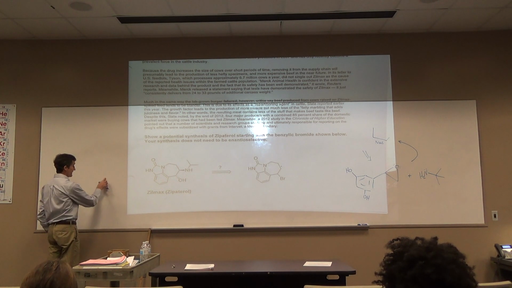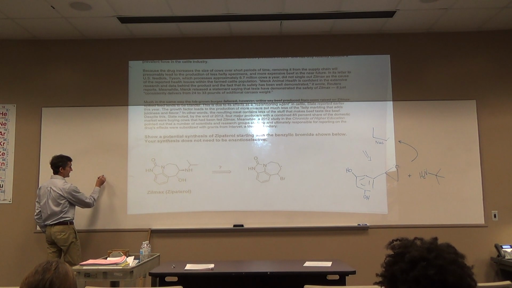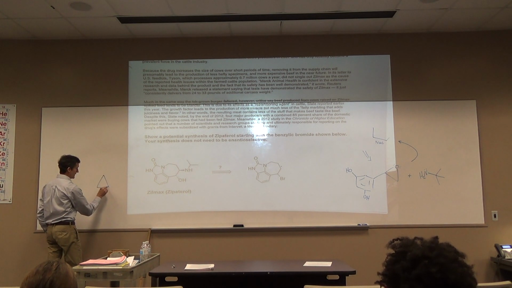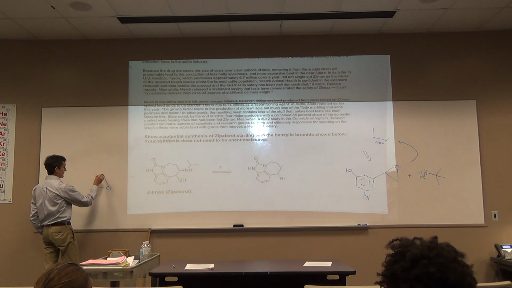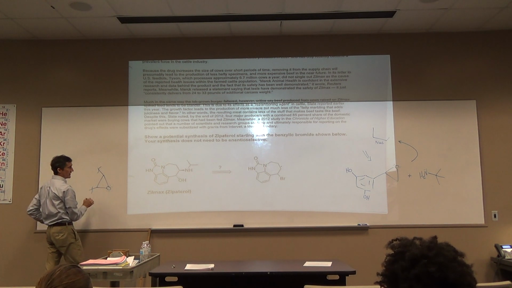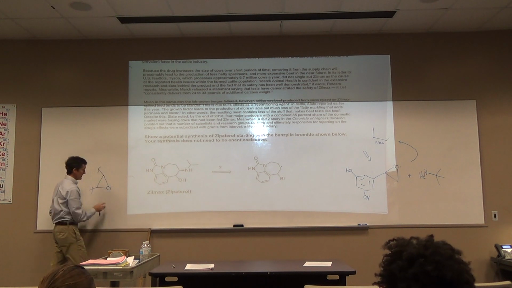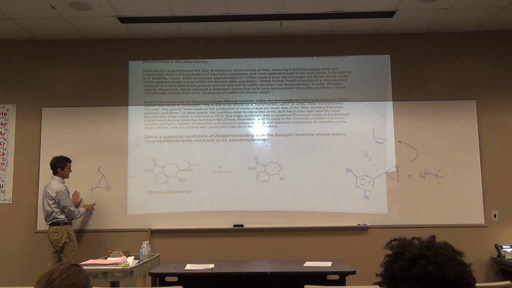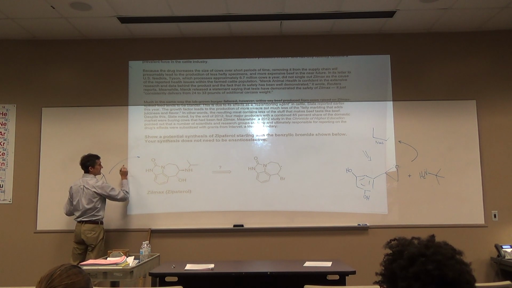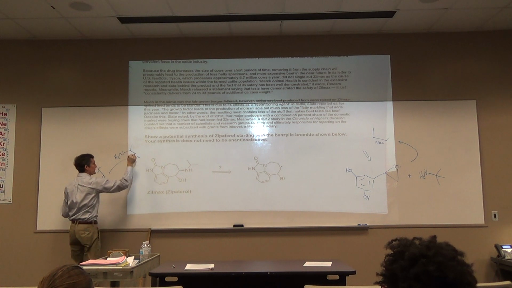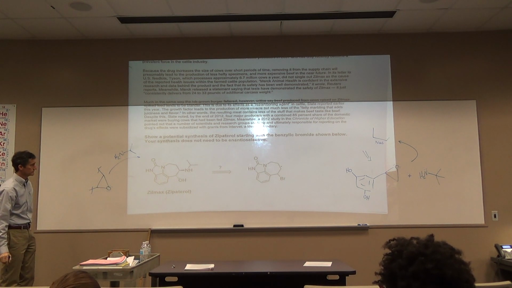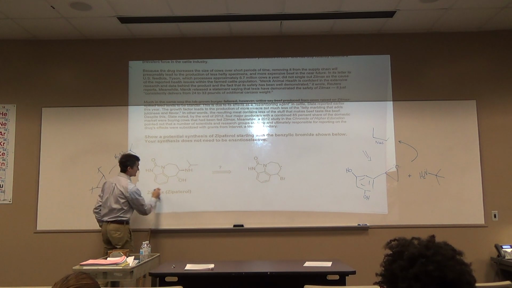Okay. I'm not going to draw out the full structure here, but if it had an epoxide here, like this, and we react this with isopropylamine. Okay, you can draw this, you can look at it.